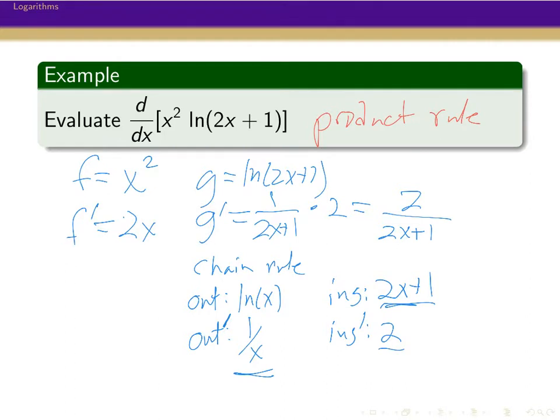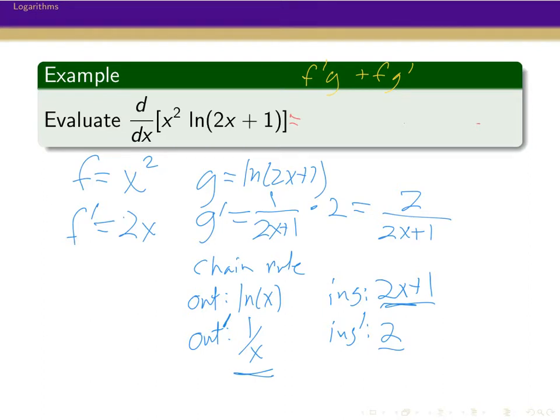And so now we have everything that we need to do the product rule. And so remember, the product rule is f prime g plus f g prime. And so we can write it in here.